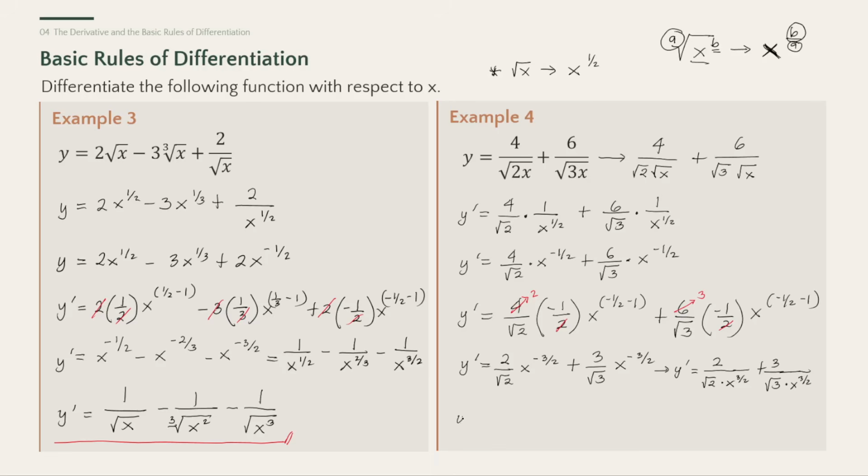And then lastly, we just need to rewrite as radicals: 2 over square root of 2 times square root of, we have a similar term for x raised to 3 halves in the previous example. This one is just the square root of x cubed.